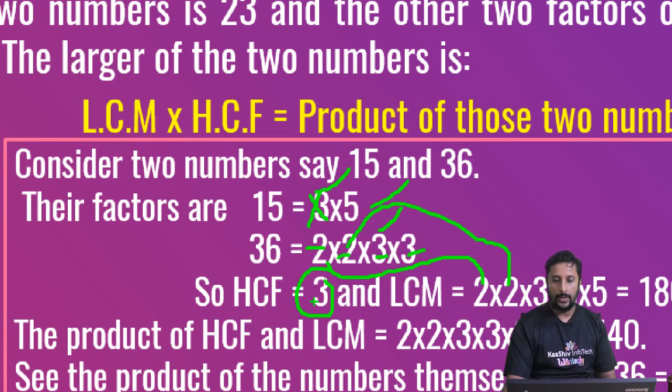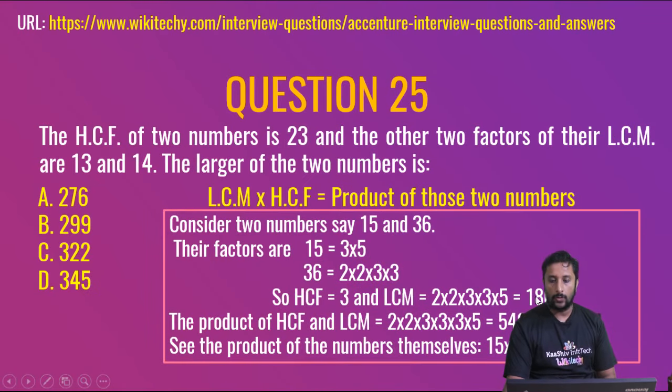The common factor they call the HCF and the least common multiple they call the LCM. Combining, you get 180. HCF is 3 and LCM is 180, so the product is 540, and 15 into 36 is also 540. So HCF times LCM is equal to the product of the two numbers.